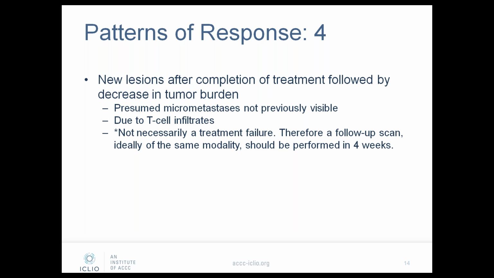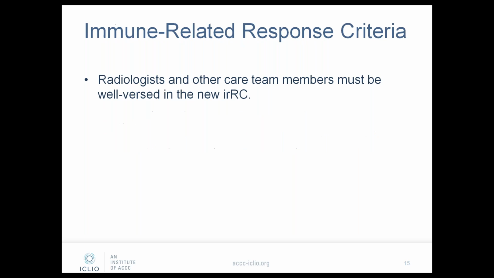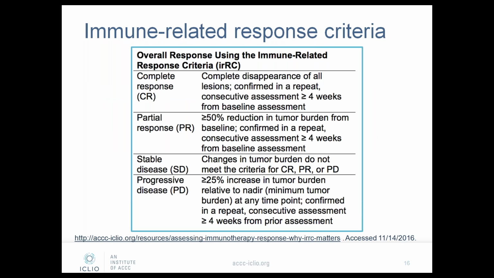So that brings us, next slide, to the immune-related response criteria, which were developed in conjunction with these 4 patterns of response that we're seeing. Next slide. It's been described that we see either a complete response, a partial response, stable disease, or progressive disease.